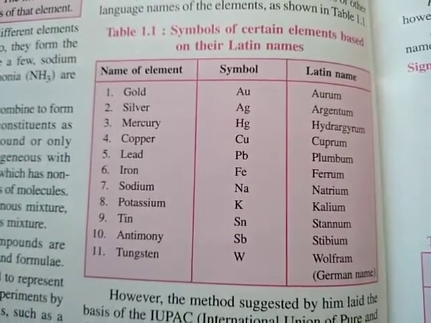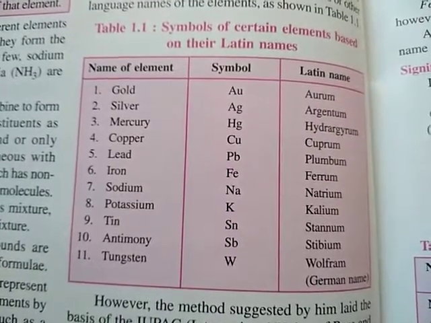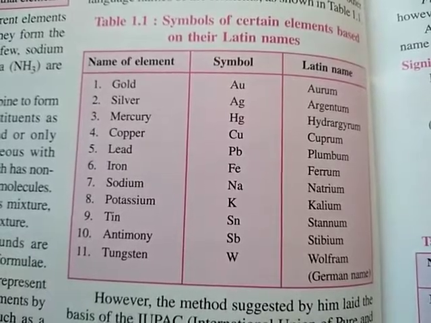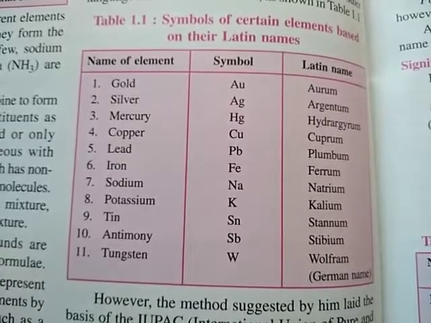Now certain other elements are there, like gold, silver, mercury. What is their symbol? For gold, Au; silver, Ag; mercury, Hg.